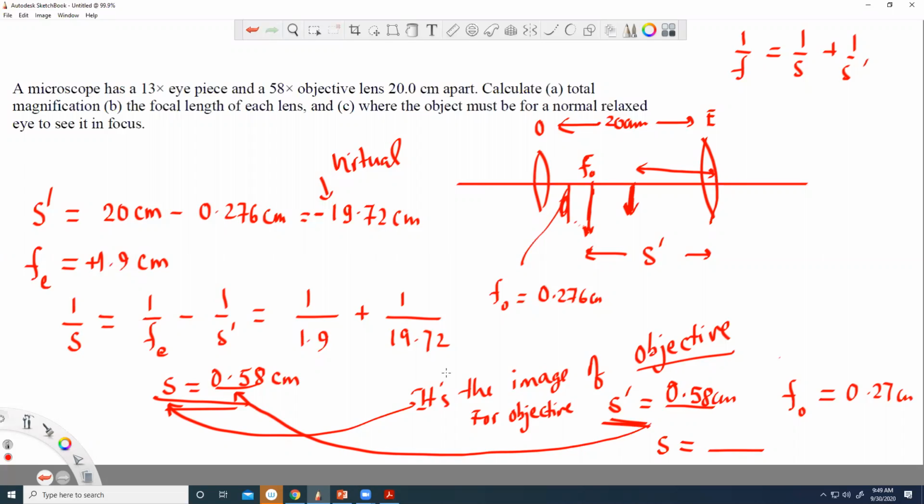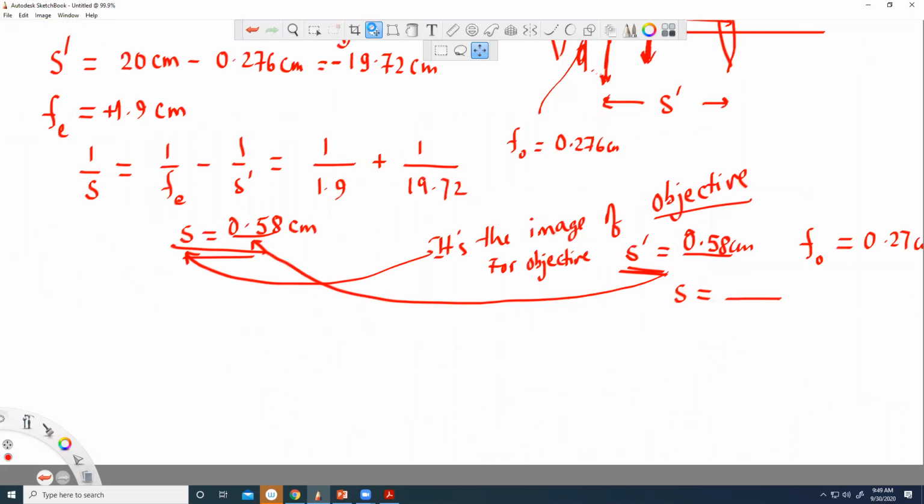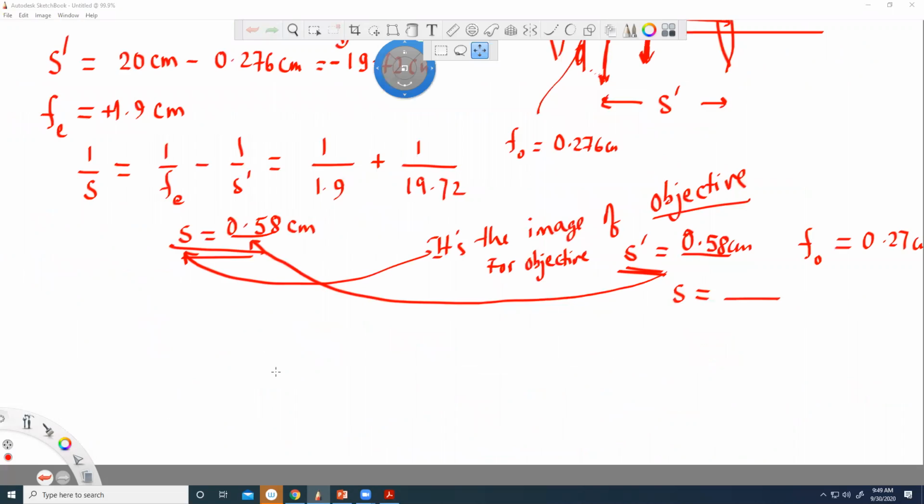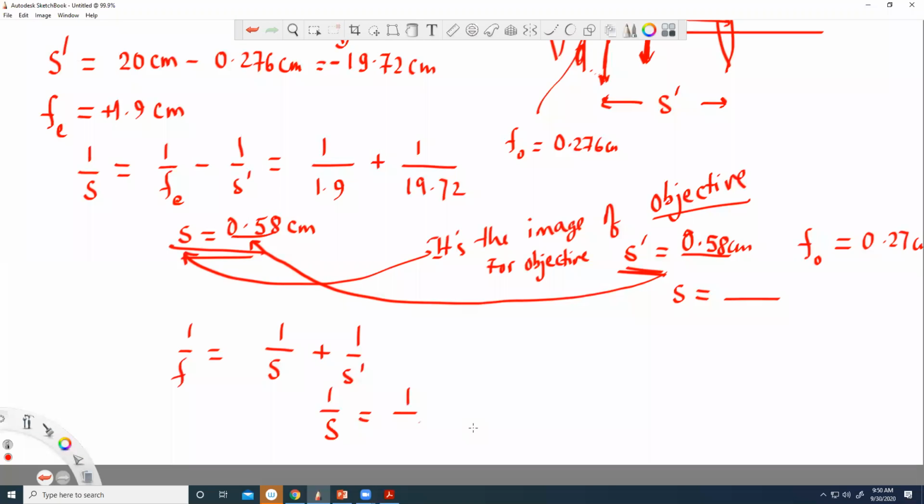So now, just a last step. So we need to use this formula, 1 over F is equal to 1 over S plus 1 over S prime. And we want to find S. So 1 over S would be 1 over F minus 1 over S prime.